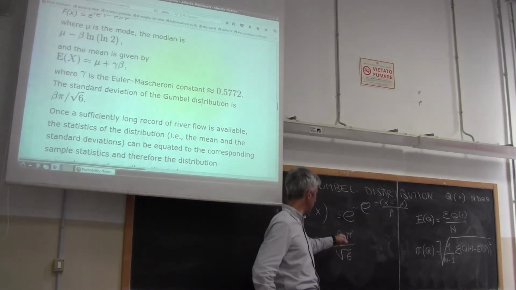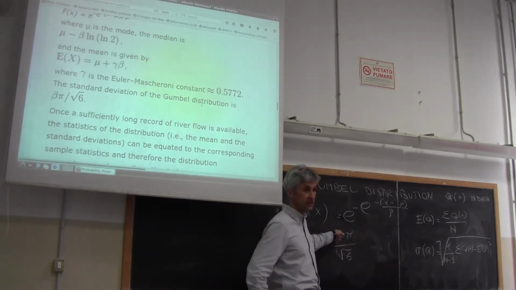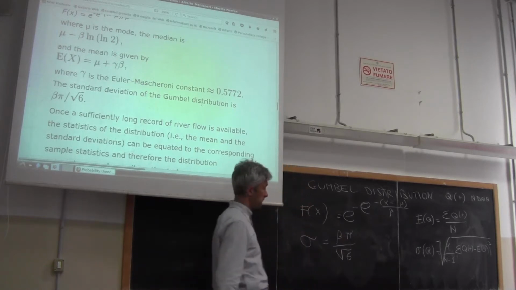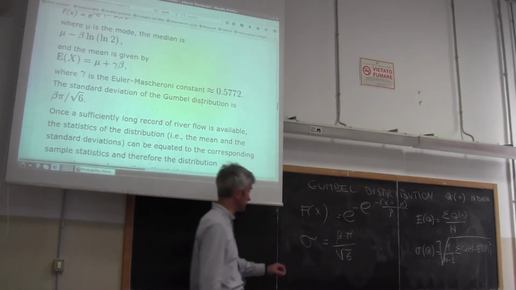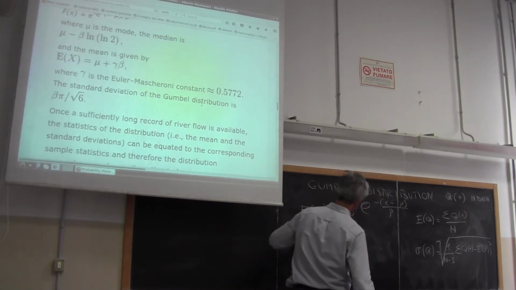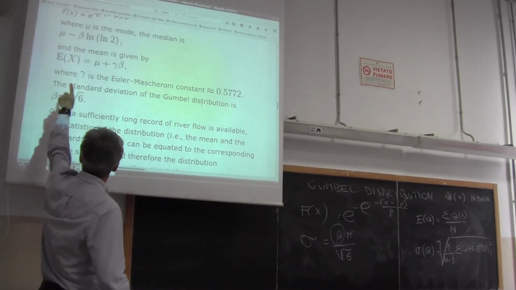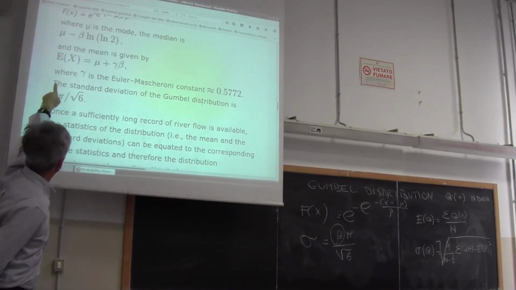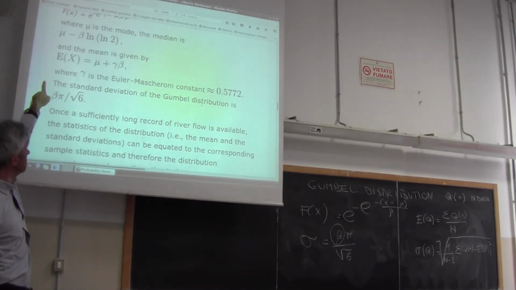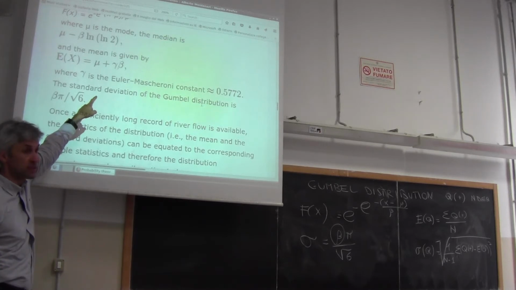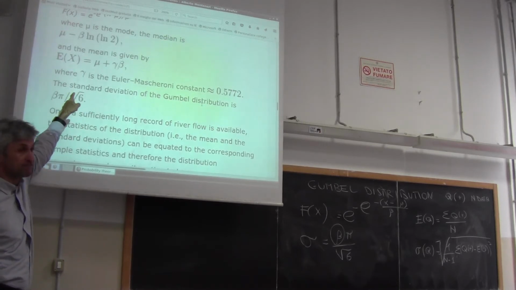Of course, through this relationship you can compute beta, because it's the only unknown. Beta only depends on the standard deviation. And then you go up there, you look at the relationship for the mean, you know beta at this stage, and can compute mu.